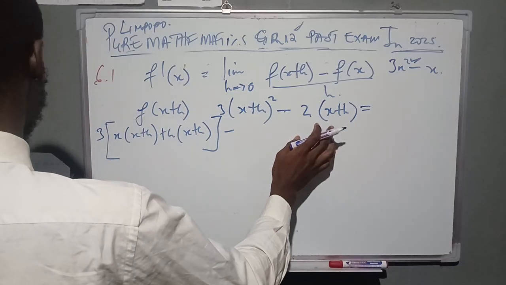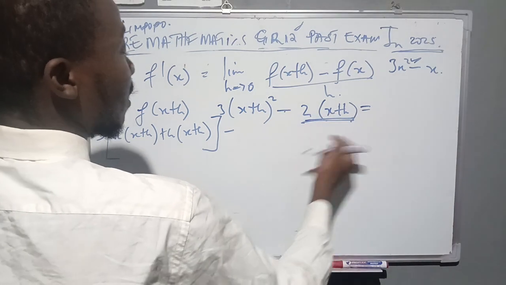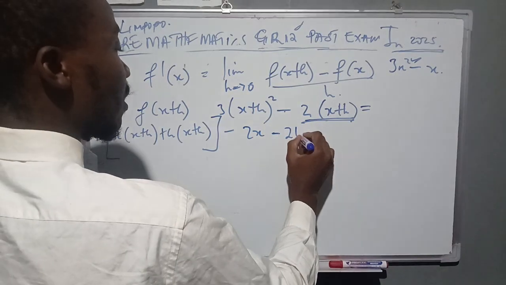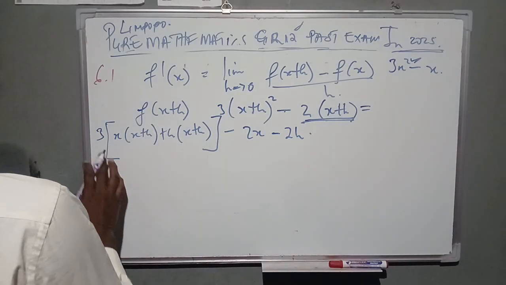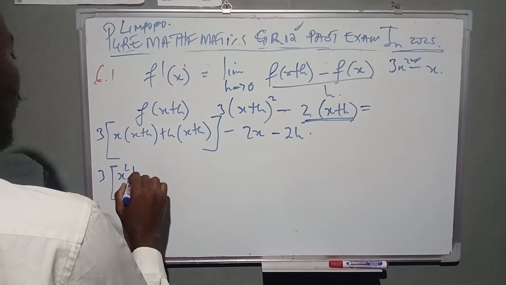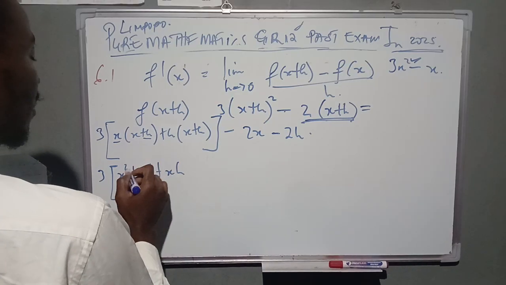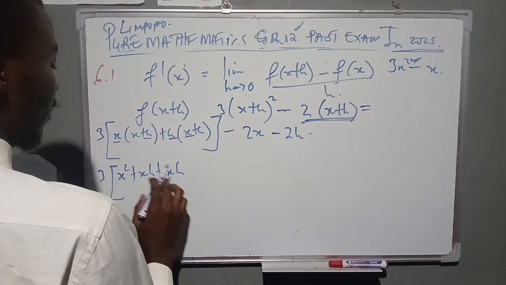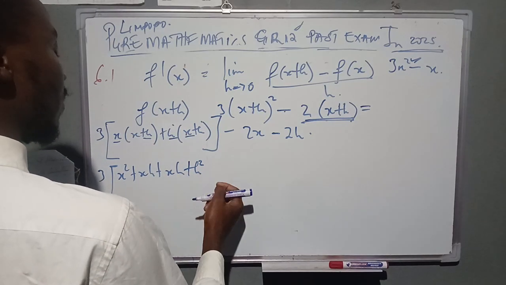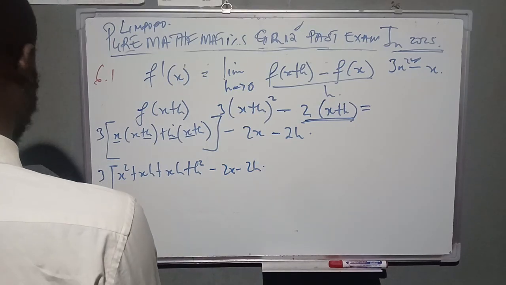Then we say minus, so we're also having another bracket, so let's expand this already. 2 times x, that's 2x, minus 2h, right? Then we come here, so this becomes x squared plus xh plus xh, because x times h is xh, then h times h is h squared, minus 2x minus 2h, like that.